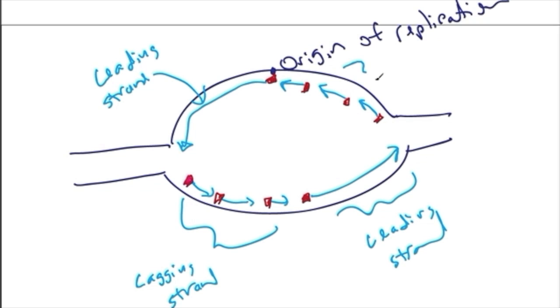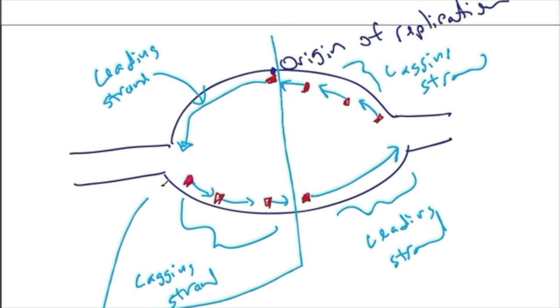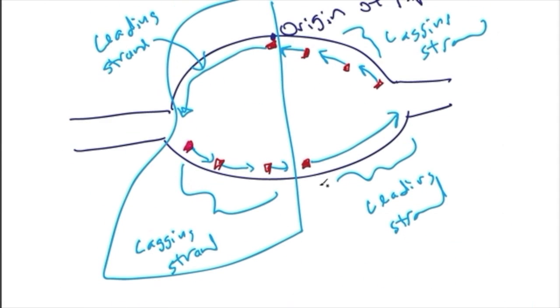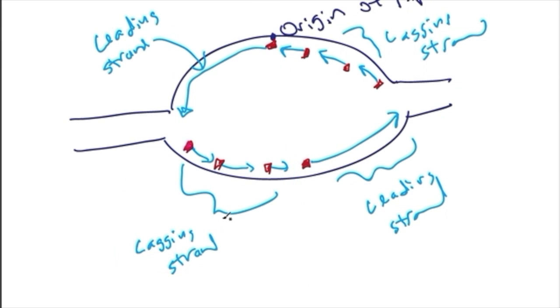This right here is the lagging strand. But the picture that you saw earlier from me was just the drawing that I did right here. It's just that part of the bubble, just this section. Does that make sense?